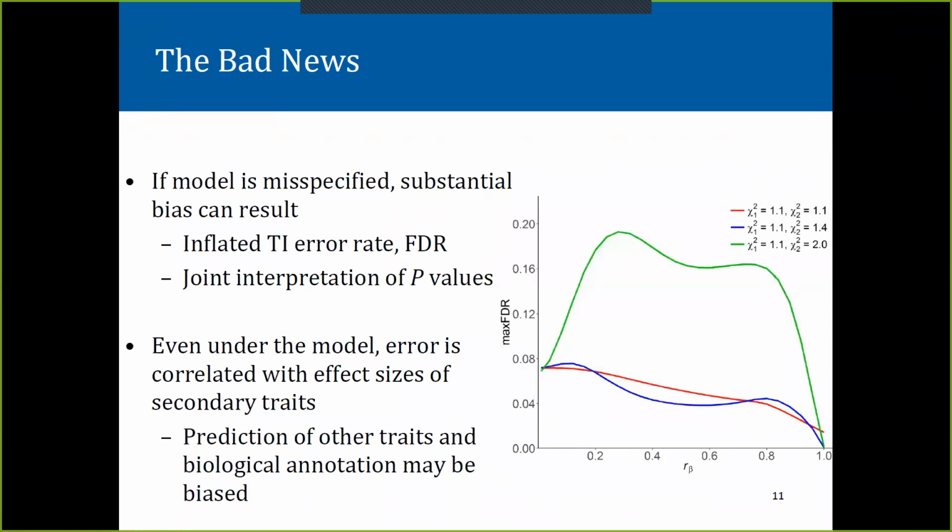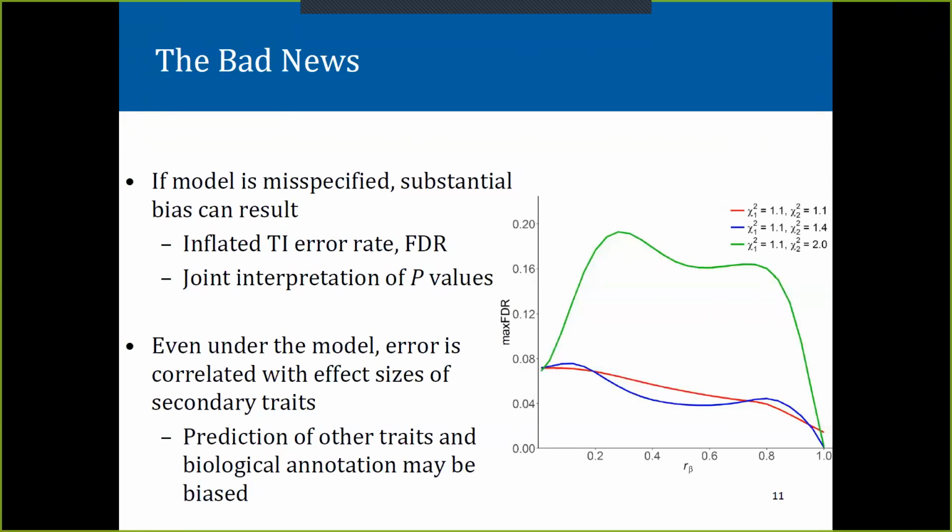But let's say we did an MTAG on cognitive performance, and we jointly analyzed it with educational attainment. Well, educational attainment may be largely cognitive performance, but maybe there are genetic markers that are associated with grit or some other motivational personality characteristics.